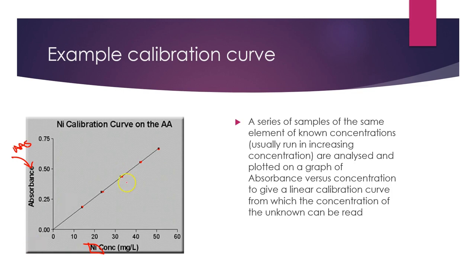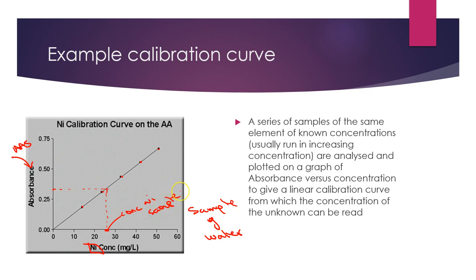What this means is we could then take a sample of water that we suspected had nickel in it, and we would put it in, get its absorbance reading, and then say it had an absorbance reading of around 30. We would plot here, go across, and then we would be able to read down off the graph to determine the concentration of nickel in our sample.